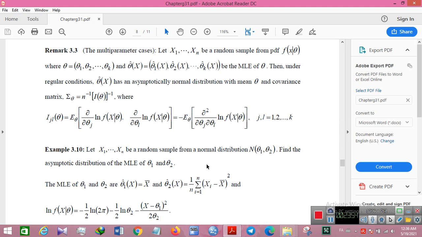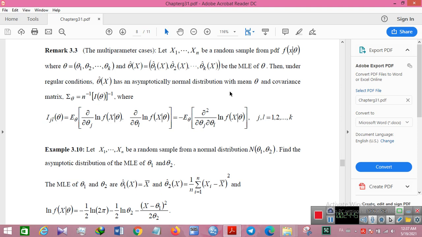Because in applied statistics the form of the maximum likelihood estimator is very complicated, and we cannot find the density of the maximum likelihood estimator to make statistical inference, for example confidence intervals or testing hypotheses. So people use the maximum likelihood, because if they can't find the actual density function of the maximum likelihood, we can use the asymptotic distribution, which is normal, the asymptotic normal distribution.